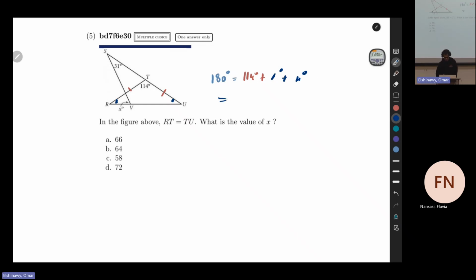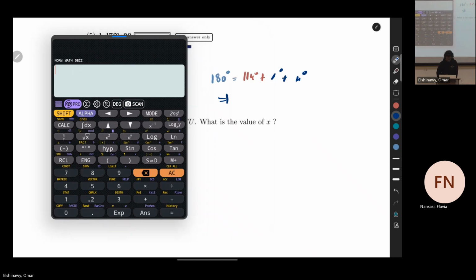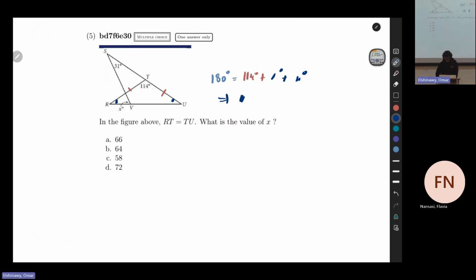So twice the blue angle would be this. So the blue angle would be 33 degrees. That's good progress. What can we do next?